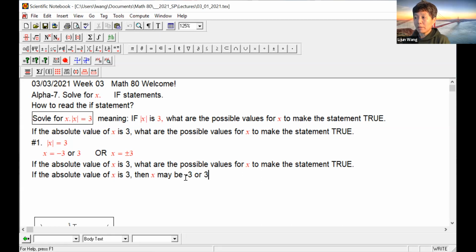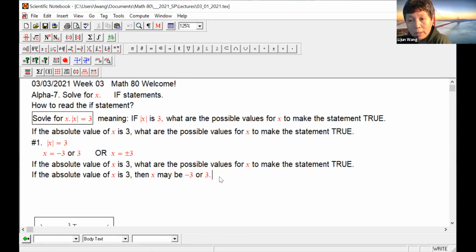You don't know which one, but you know it's maybe -3 or +3. It's either this one or that one, because x can only assume one value at a time. It cannot assume two different values at the same time. It's "or." Do you follow me?